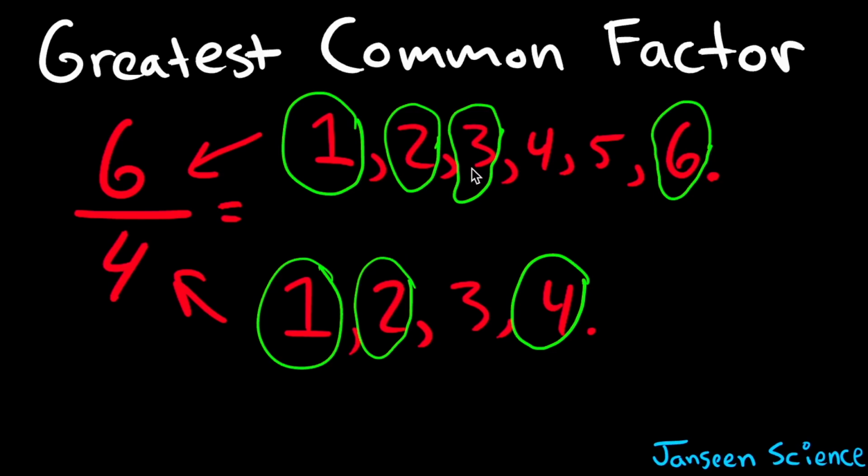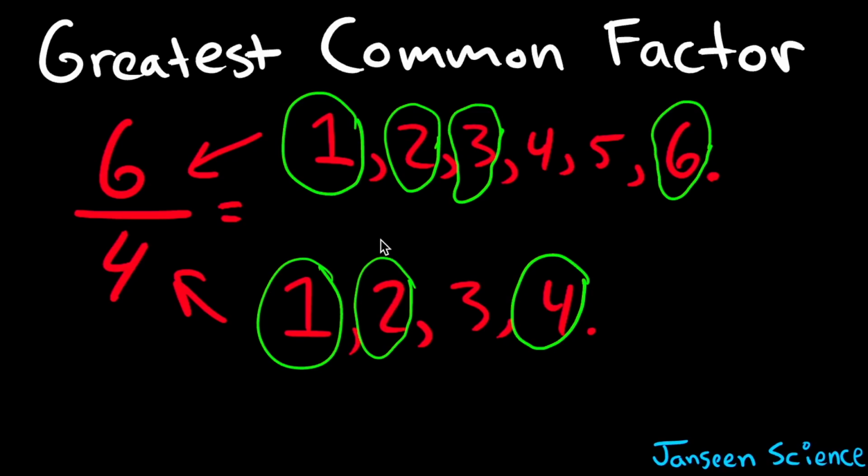You have 3 and no 3, so no common there. And 4 and no 4, there's no common there. 5, no 6, 6. So the only common factors that appear in both lists are 1 and 2.